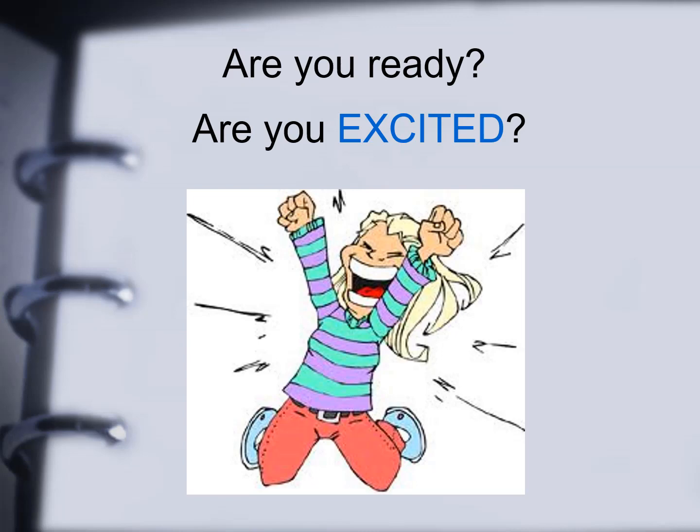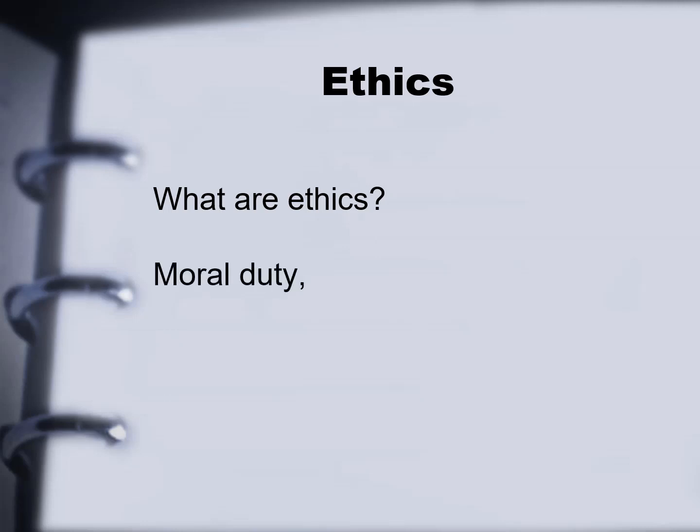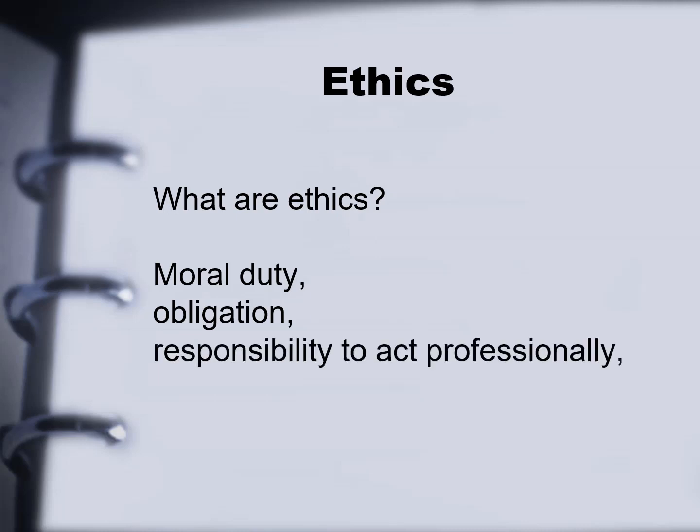Okay, so let's first start off by talking about ethics in terms of what they are. So a little definition, if you will. Ethics involve a moral duty, so morality is involved in some way. They are also about obligation and responsibility to act professionally.